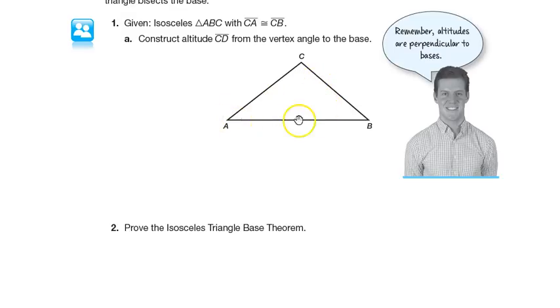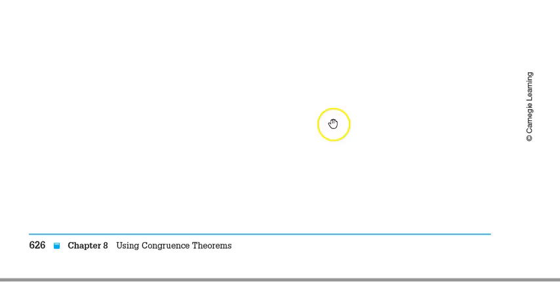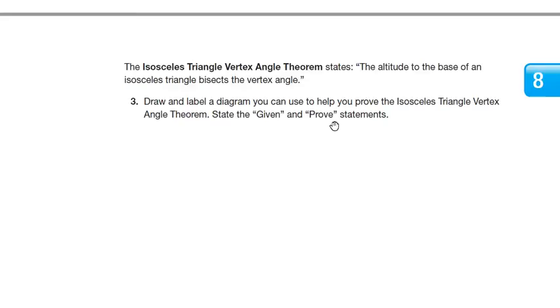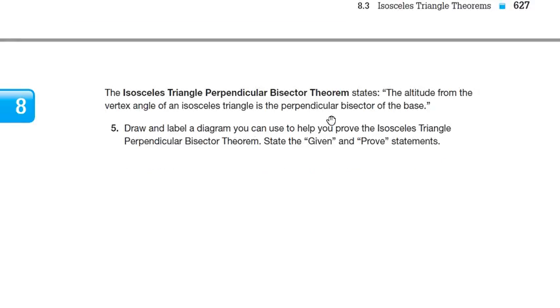And just like before we said, well, that means corresponding parts are congruent. So that would mean that this angle here, CA down to D, and this angle BC down to D, those two angles are congruent to each other, and that's by CPCTC again, and that is the isosceles triangle vertex angle theorem.